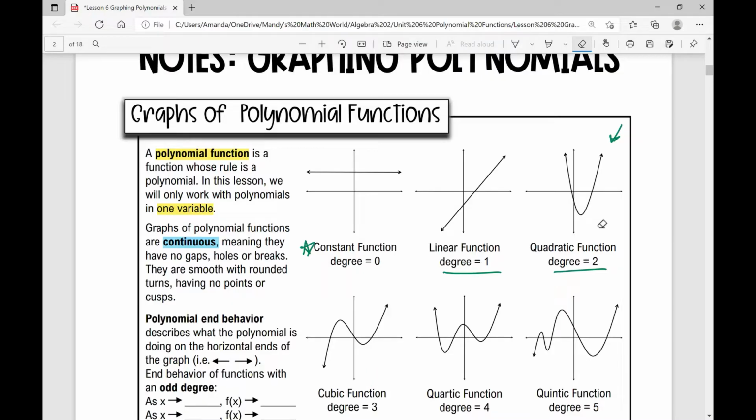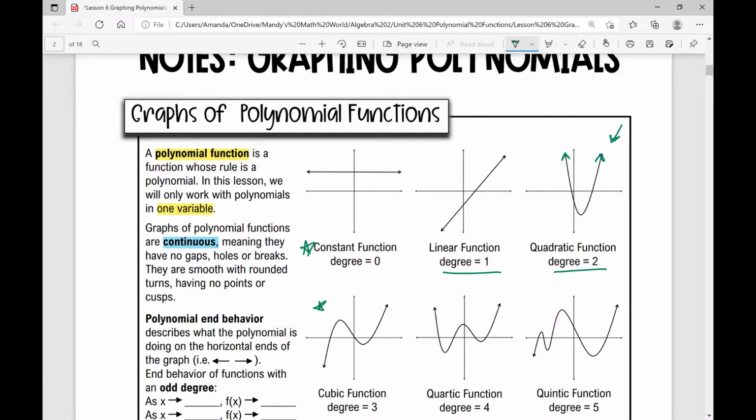But what you have right here is just the general shape of a cubic function, what it might look like when graphed on a coordinate plane. And as you can see, if I go back to this quadratic function up here, the ends of it end in the same direction.